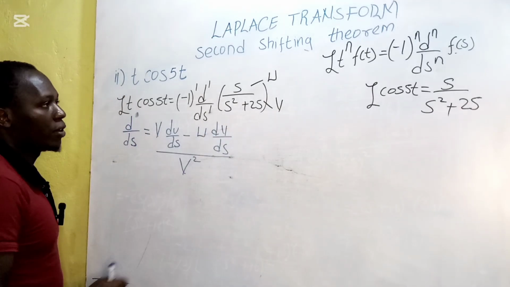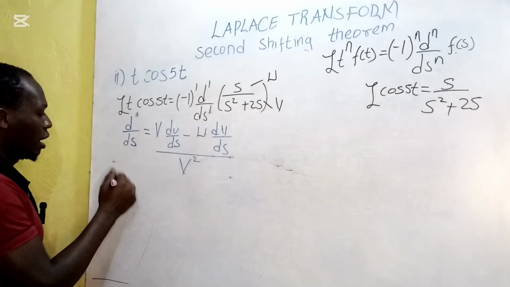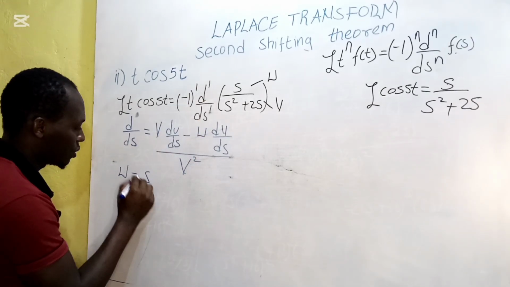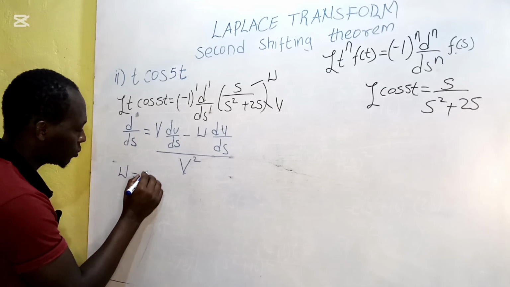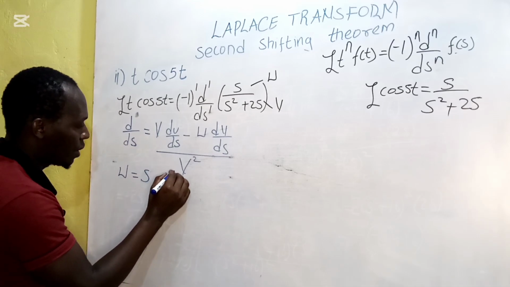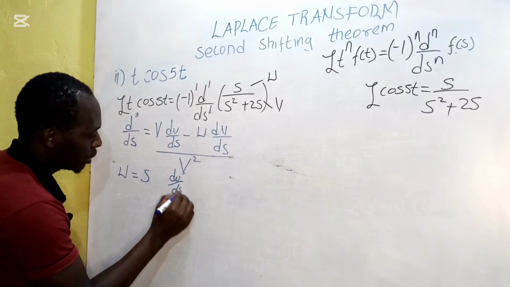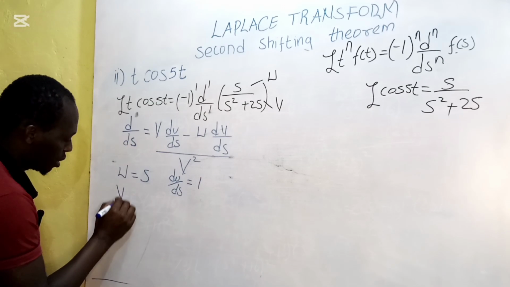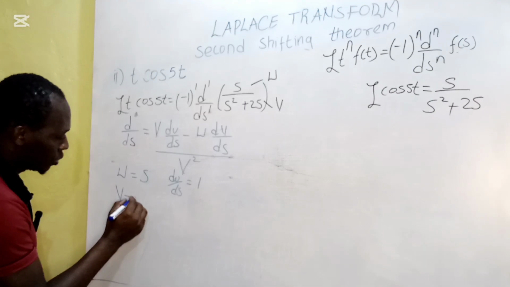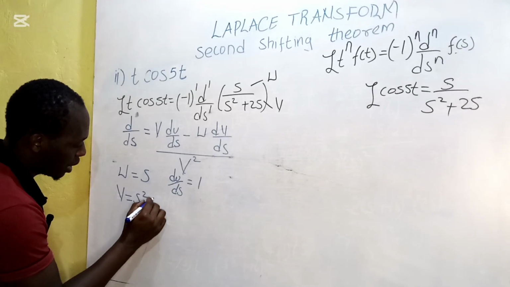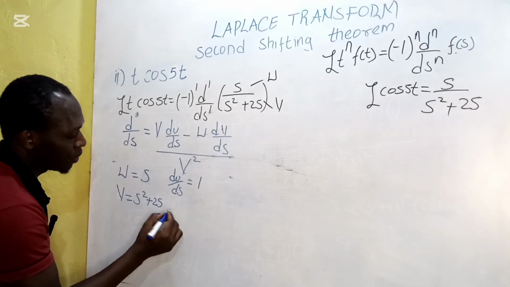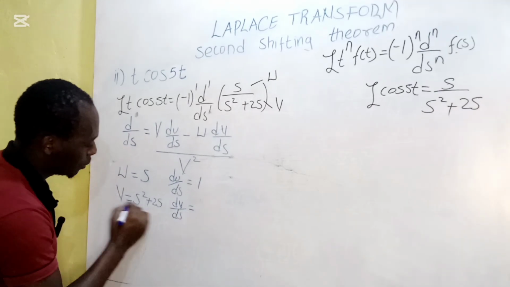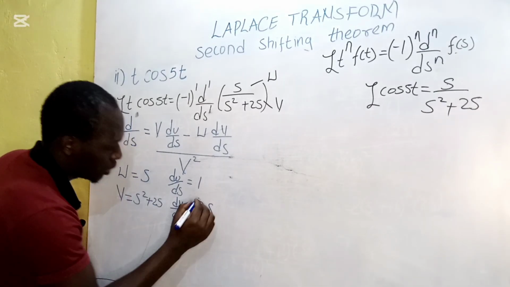Let us now have all the parameters that we require. Our u is equal to s. Our du with respect to ds is equal to 1. Our v is equal to s squared plus 25. Our dv with respect to ds is equal to 2s.